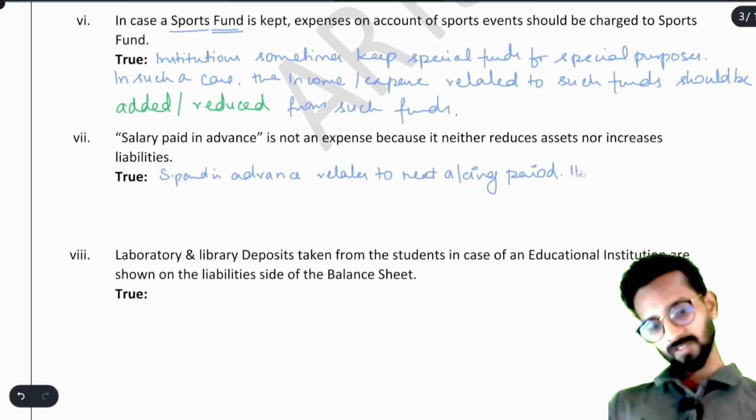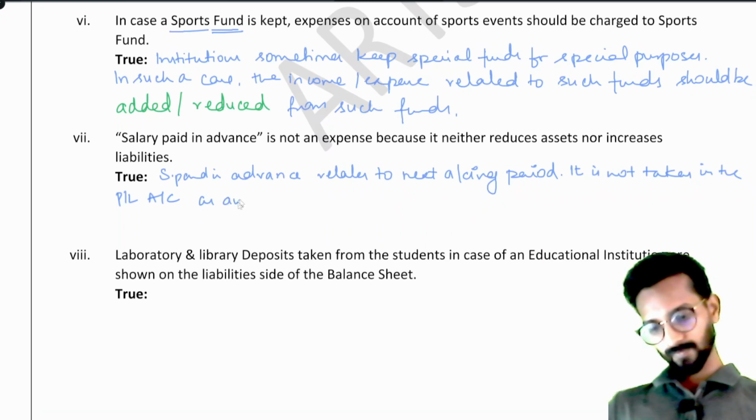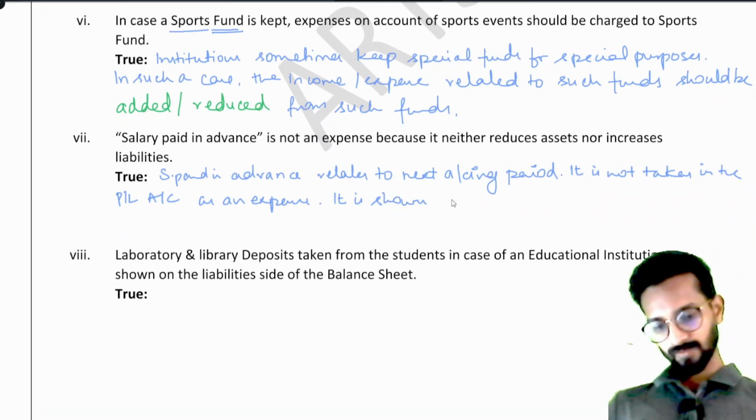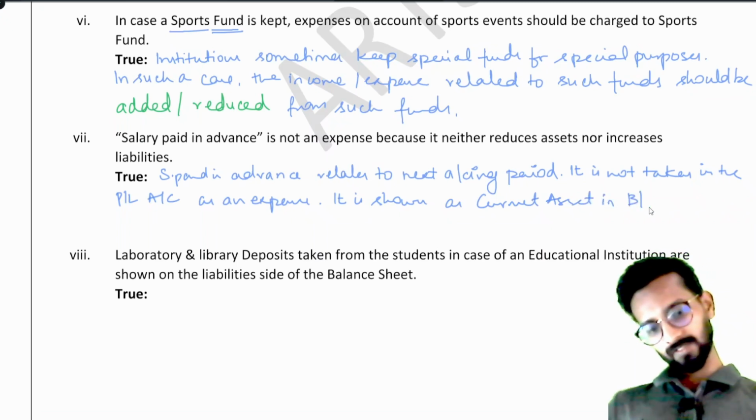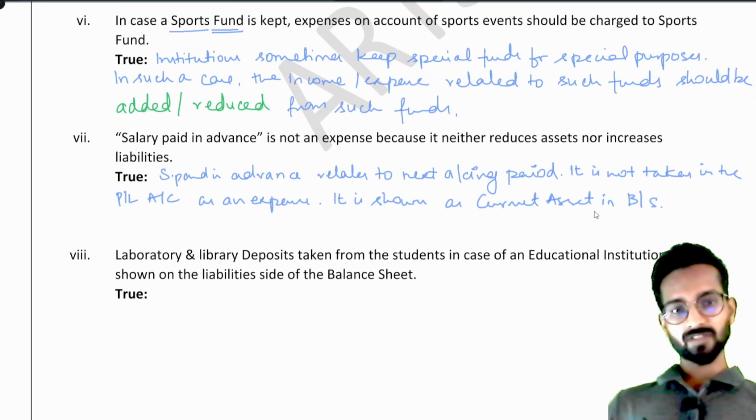You can write it is not taken in the P&L account as an expense because it is shown as current asset in balance sheet. Understood? This is what salary paid in advance means. It increases the asset.